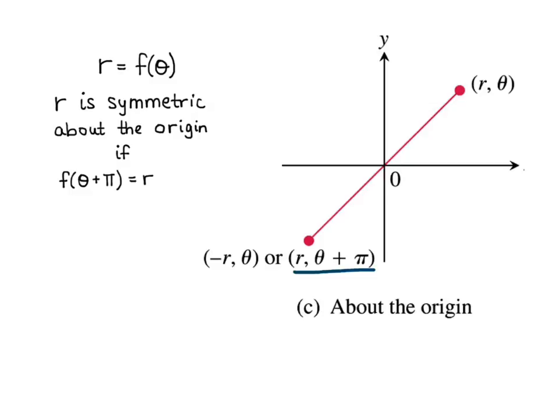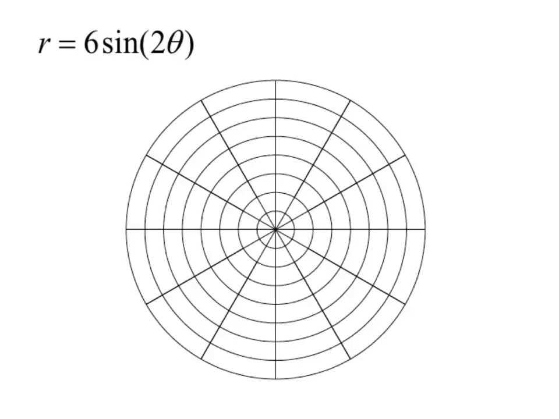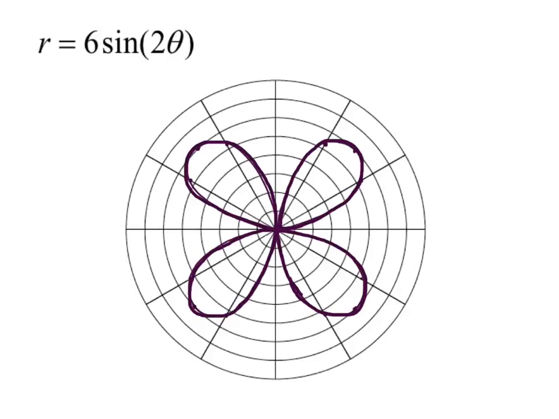Now let's use an example that we created in the last video, the graph of r = 6 sin(2θ). We already graphed this in a previous lesson, and we ended up with this four-leaved rose, and each leaf is centered in its own quadrant.